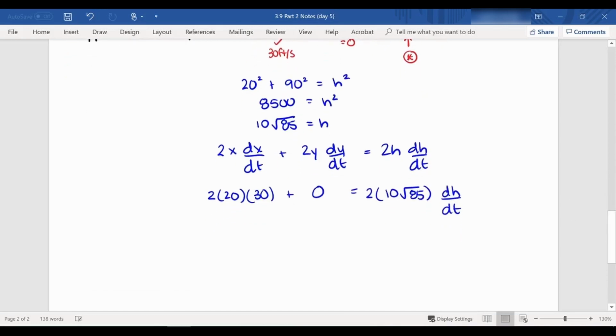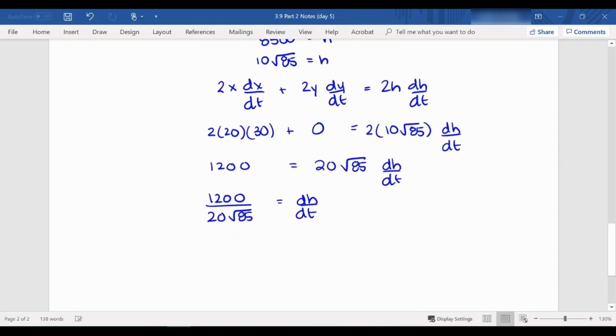So we're going to fix this up a little bit. We've got 2 times 20 times 30. This gives us 1,200 equals 20 root 85 dh/dt. So if I divide both sides, we should be able to fix this up at least a little bit and get 60 over root 85.